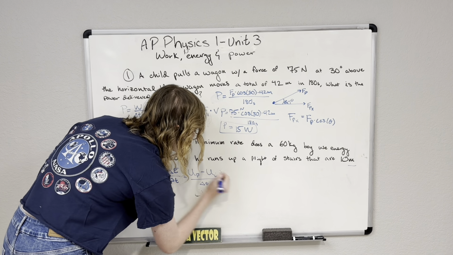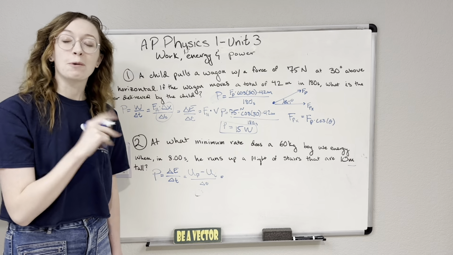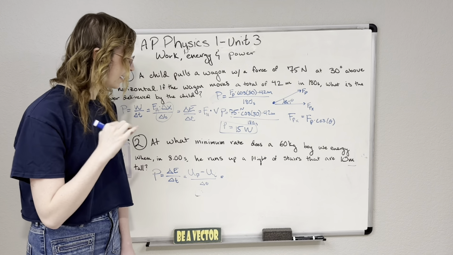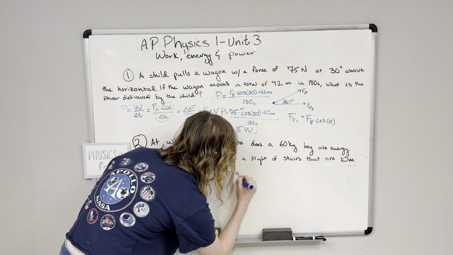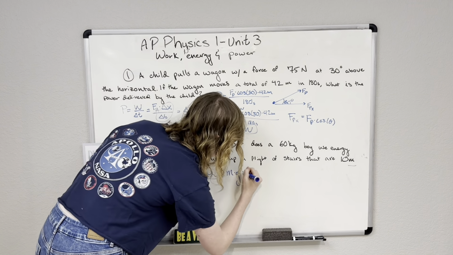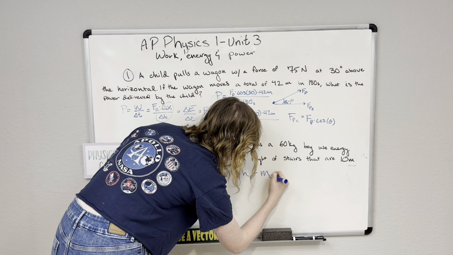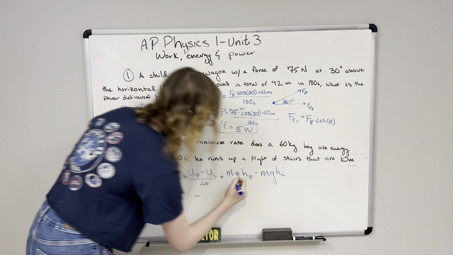Our final energy is the gravitational potential energy of this boy when he's standing at the top of the stairs. So that's his mass times the acceleration of gravity times h final, minus mass times the acceleration of gravity times h initial, over our change in time.